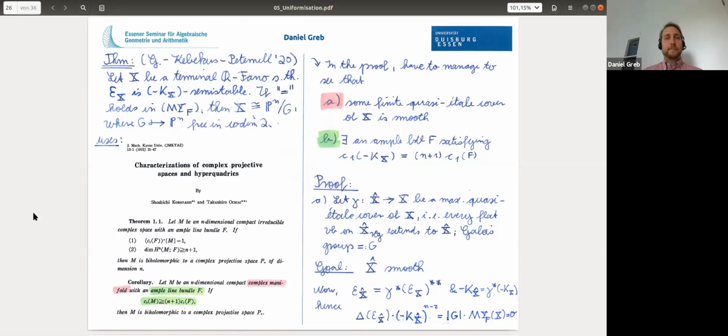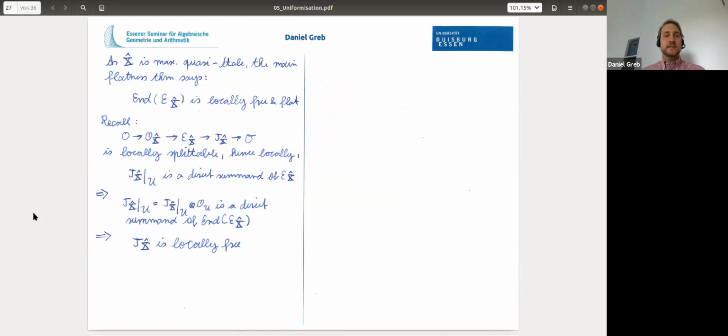Okay. So now, as X hat is maximally quasi-étale, the main flatness theorem, which I put down at the beginning of this lecture again, says that this endomorphism sheaf is locally free and flat. So this is exactly the condition.